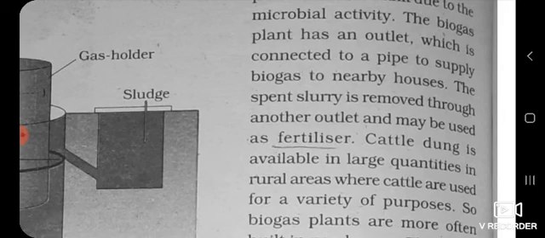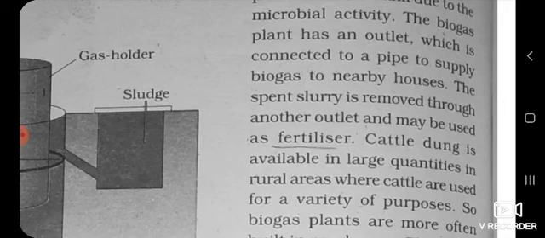The spent slurry is removed through another outlet and may be used as a fertilizer. The spent slurry means the slurry which is not used, or the waste slurry, that is removed through another outlet and may be used as a fertilizer.